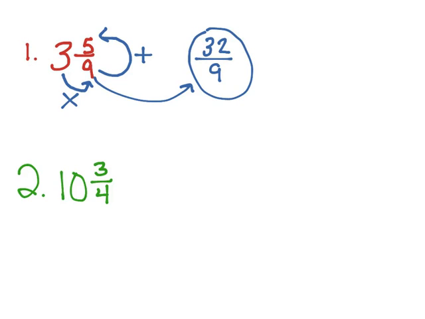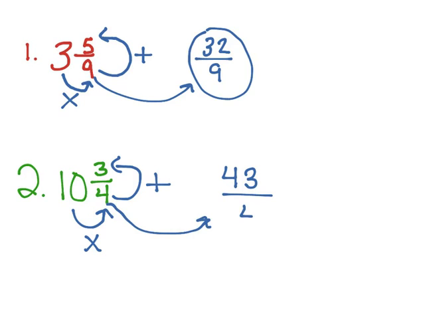Let's try another one. Remember, start with the 10 and multiply. 10 times 4 is 40, and then add. 40 plus 3 is 43, and then keep that same denominator, which is 4. So 10 and 3/4 can be rewritten as 43/4, 43 over 4.